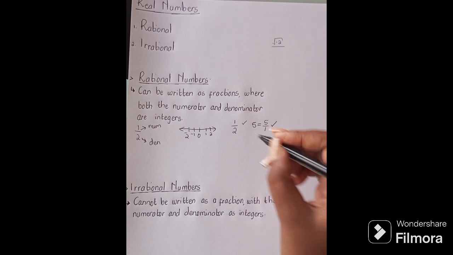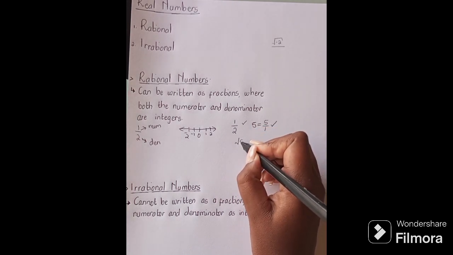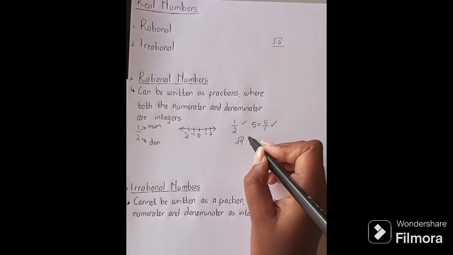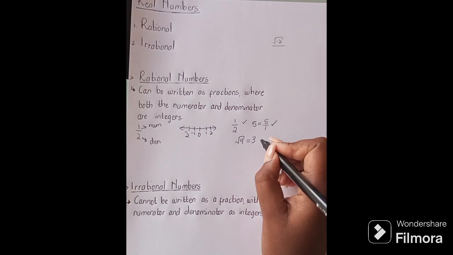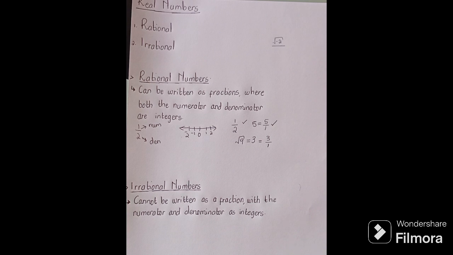Then you can also have, let's say, the square root of 9. The question would be, is this a rational number? You ask yourself, what is the square root of 9? The square root of 9 is equal to 3, right? 3 is a whole number, but it can be written as a fraction, as 3 over 1.